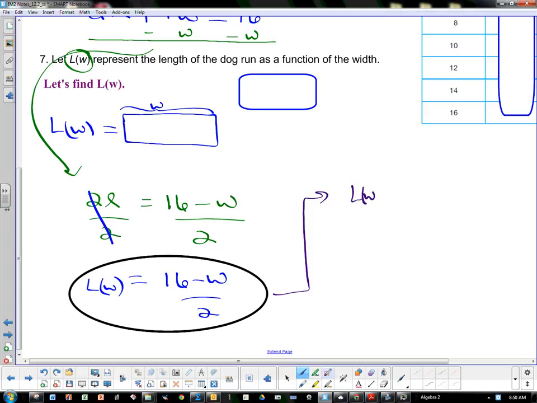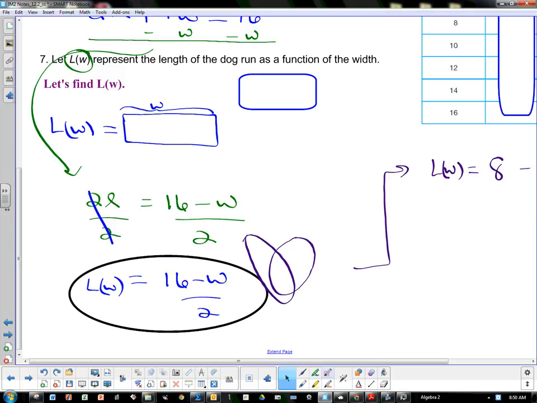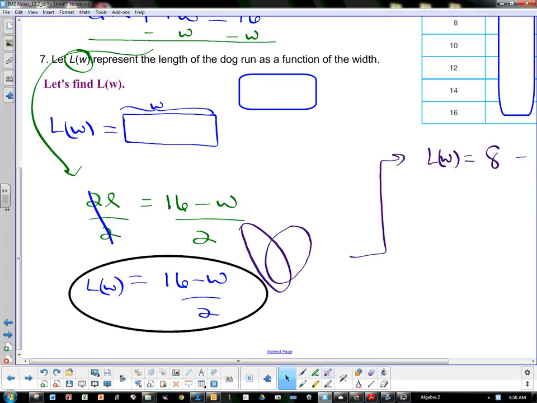L of W is equal to, well, what's 16 divided by 2? 8. Minus, but this 2 also has to divide into the negative W, so it would be minus 1/2 W. That would be the same. But I got to be honest, I would just leave it as 16 minus W all over 2.